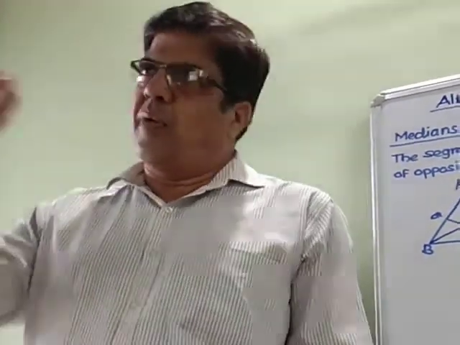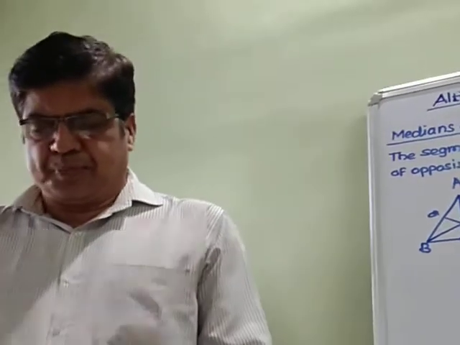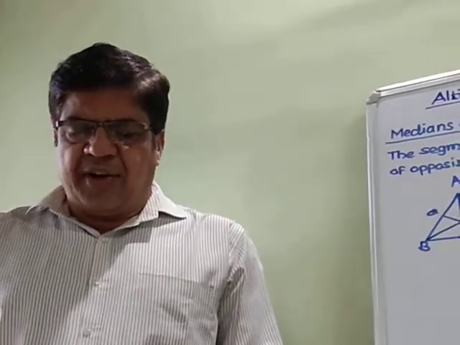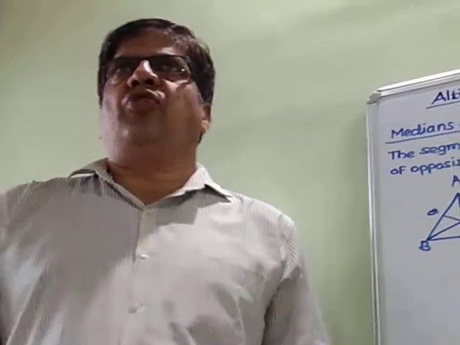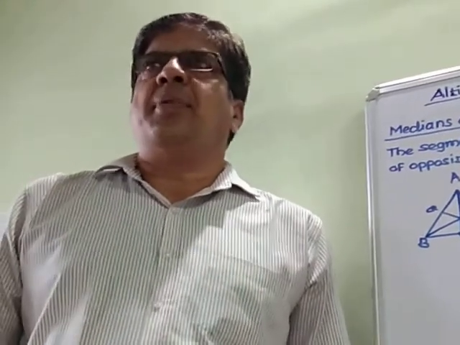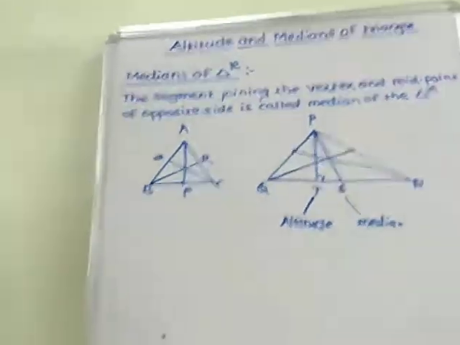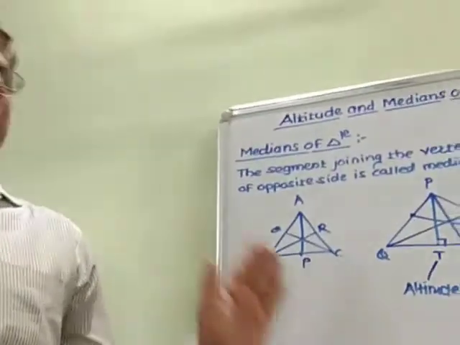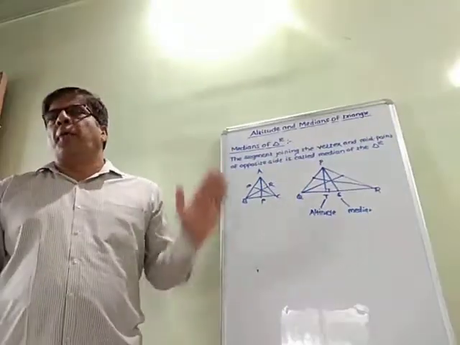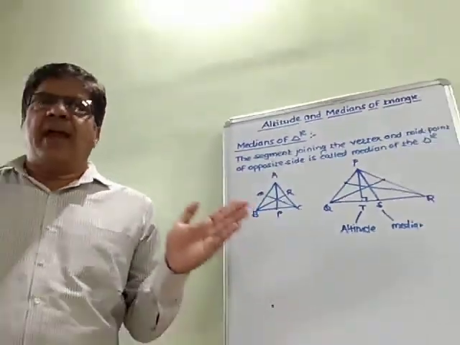The centroid divides each median in the ratio 2:1. These are the basic points regarding altitudes and medians.